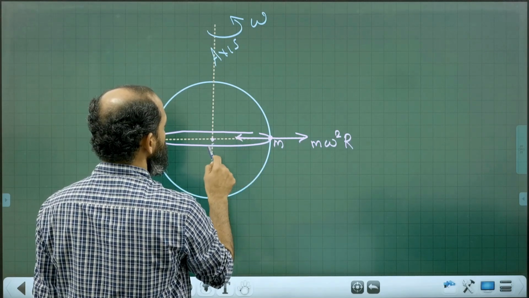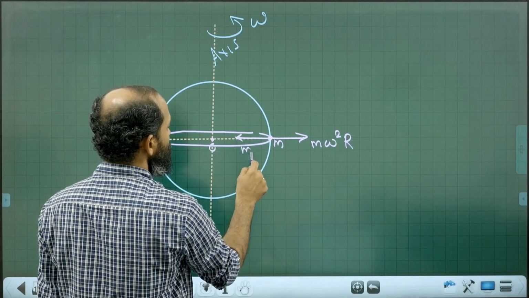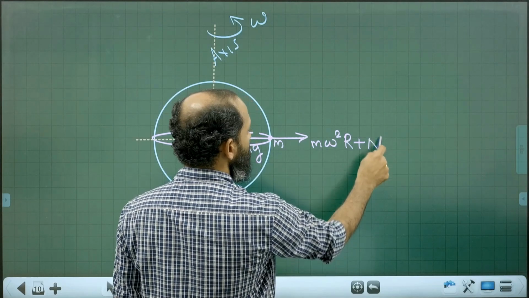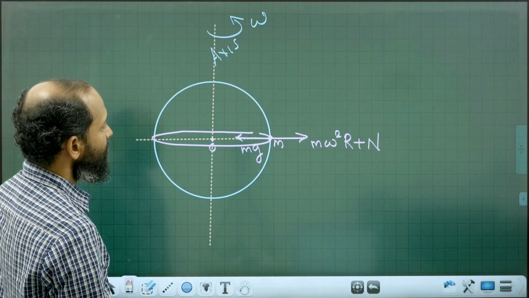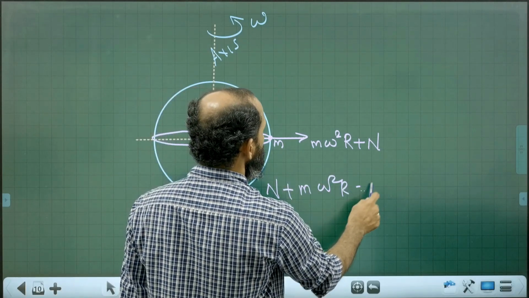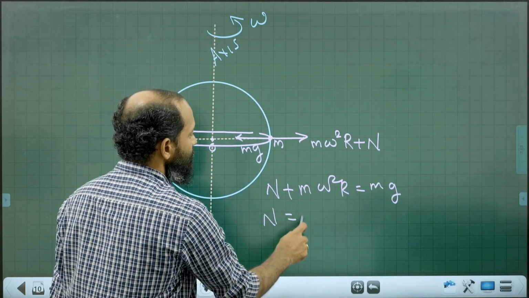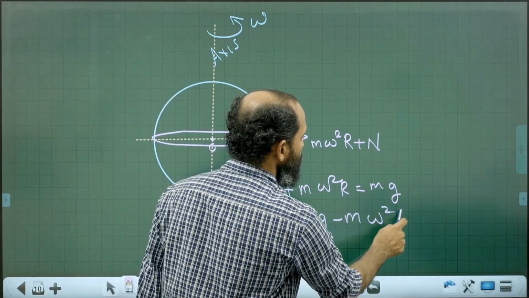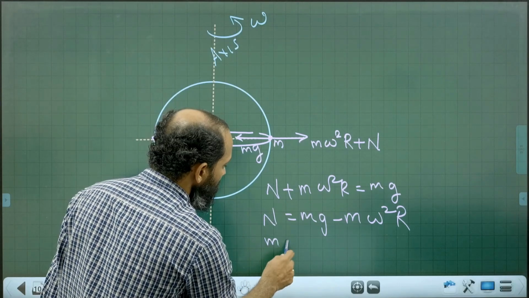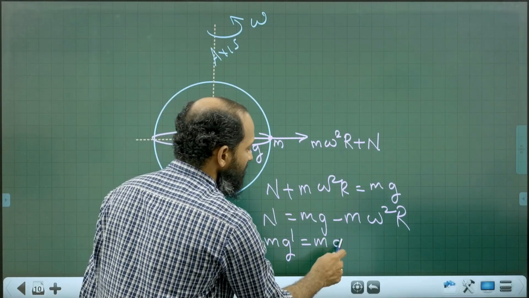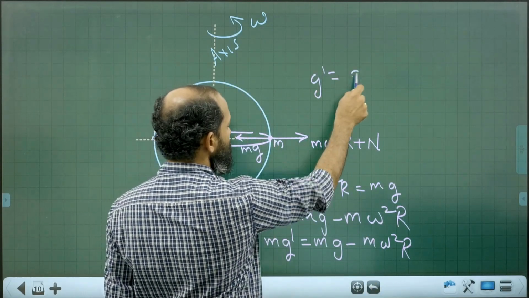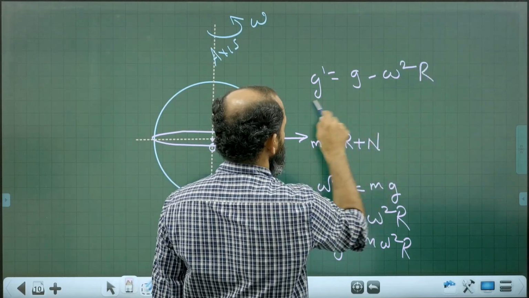Then the gravitational force directed towards the center is mg. That's the weight of that point mass. One more force is the normal contact force acting outward, along the outward normal. So the balancing of forces gives N plus m omega square R equal to mg, so that N is equal to mg minus m omega square R. Then N can be written as mg'. So mg' is equal to mg minus m omega square R, so that g' is equal to g minus omega square R, cancelling m.